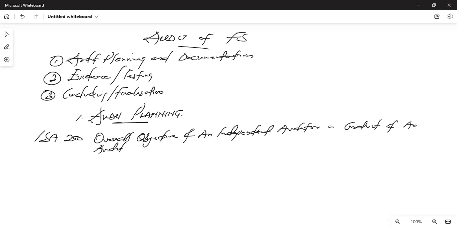Now, what does this standard say about the independent auditor's overall objective in the conduct of an audit? It says that number one, which we've already discussed before, is that the auditor is supposed to obtain what we call reasonable assurance.